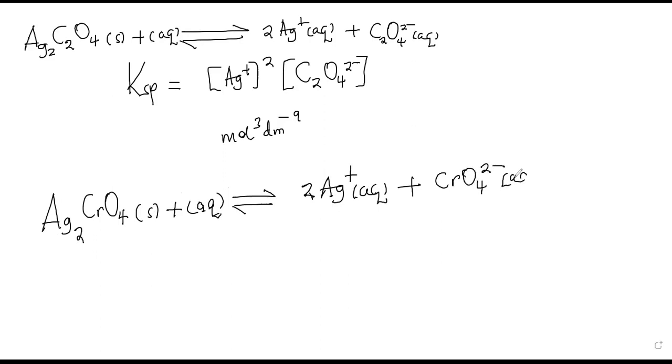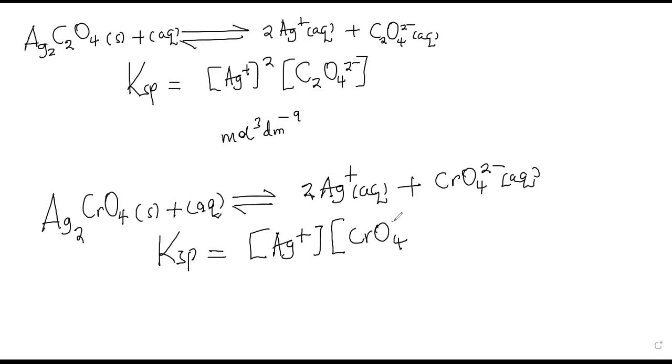So the expression of KSP will equal the concentration of silver ion multiplied by the concentration of a chromate ion. As simple as that. The silver ion is raised to the power 2. Units are the same as above.